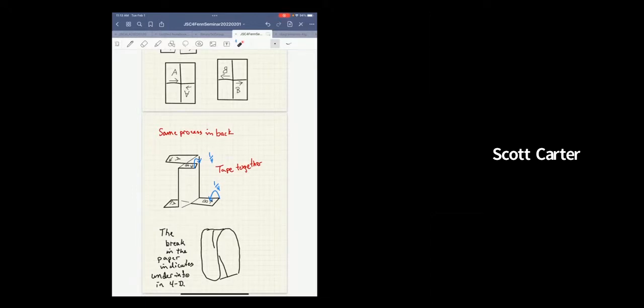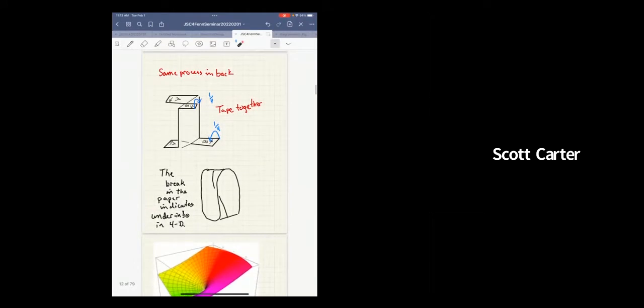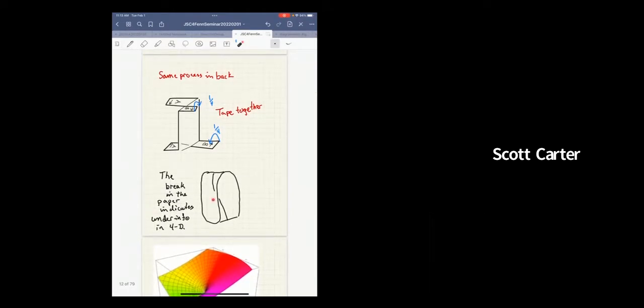Do the same thing in the back, and you'll get a broken surface diagram of a Mobius band, where there are two boundaries, just as I had in the plastic model.